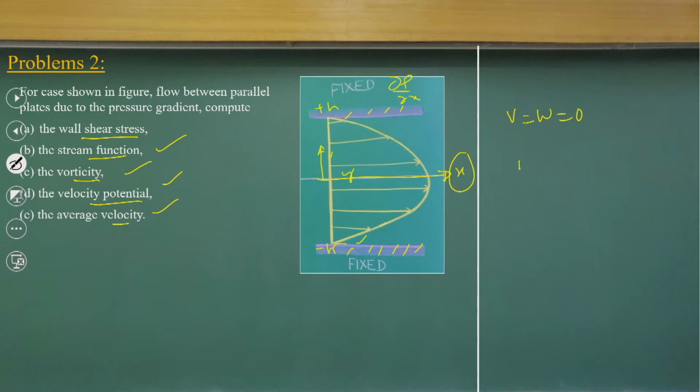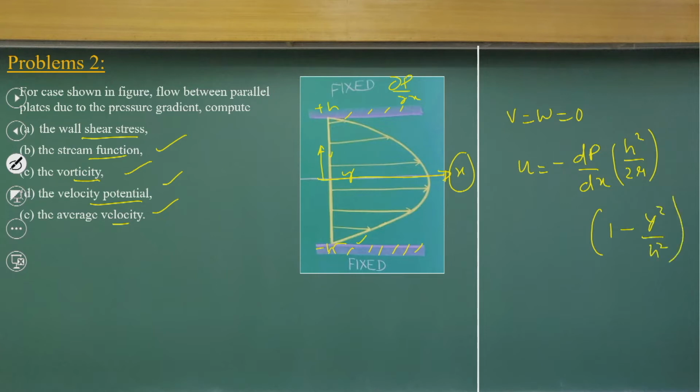We got this u component, with minus dp by dx, that is dp by dx times h square by 2 mu, times 1 minus y square by h square.